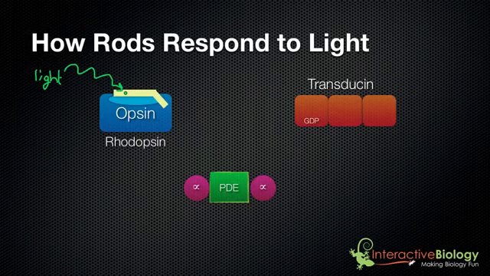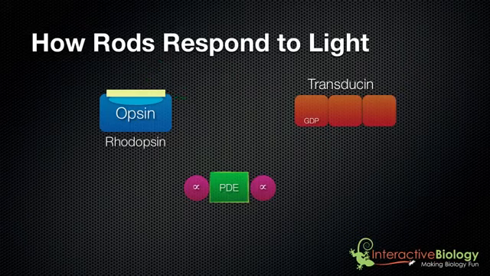When the photon of light strikes rhodopsin, what happens is the cis-retinol changes into a different form, and that different form is called trans-retinol. So it's no longer in the cis form, it's now trans-retinol. When that happens, that causes it to lose its attraction for the opsin molecule.